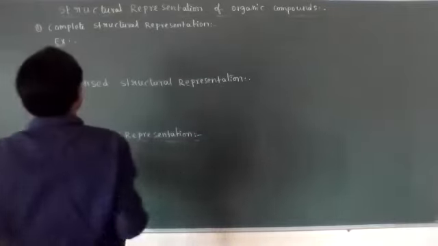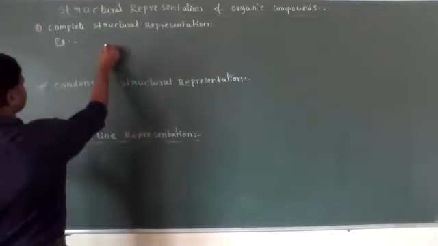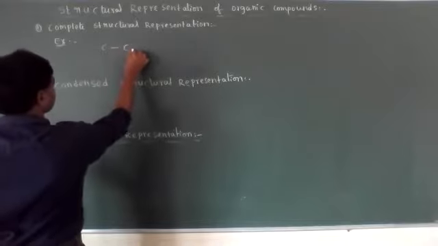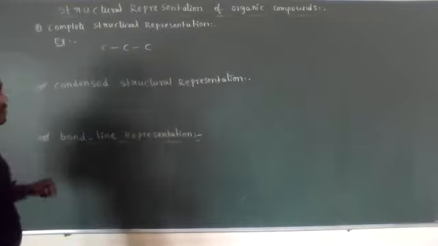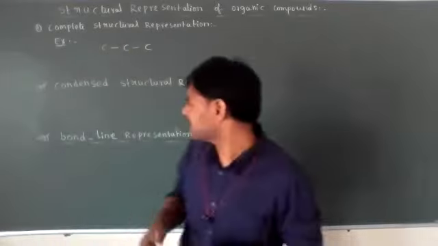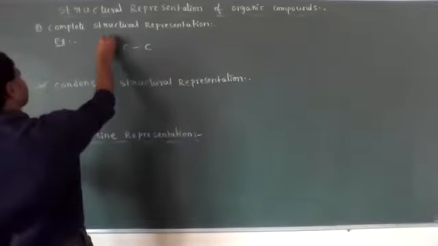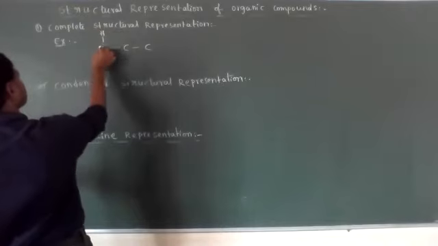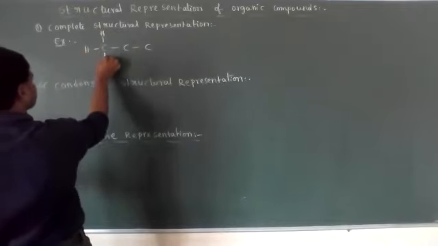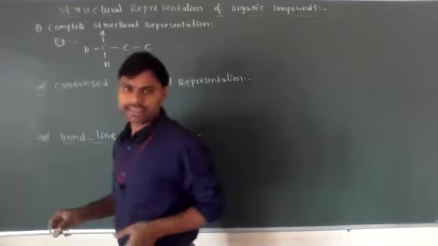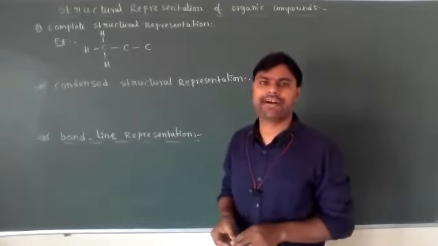Okay students, let's see an example. One carbon is connected with another three carbon atoms like this. Now the remaining hydrogen atoms are present. What is the valency of carbon, dear students? Tetravalency.